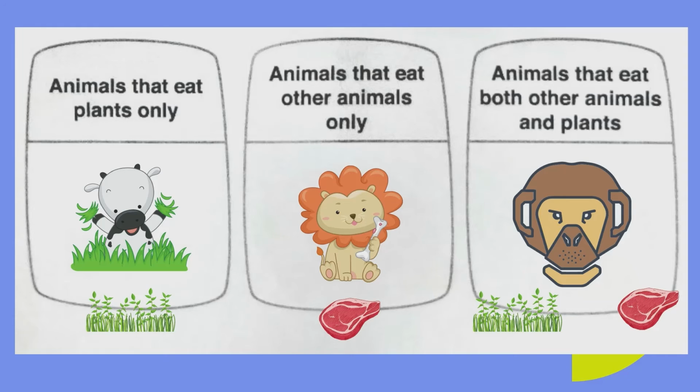Next, animals that eat other animals only. So this animal eats meat of other animals. Next, animals that eat both other animals and plants.